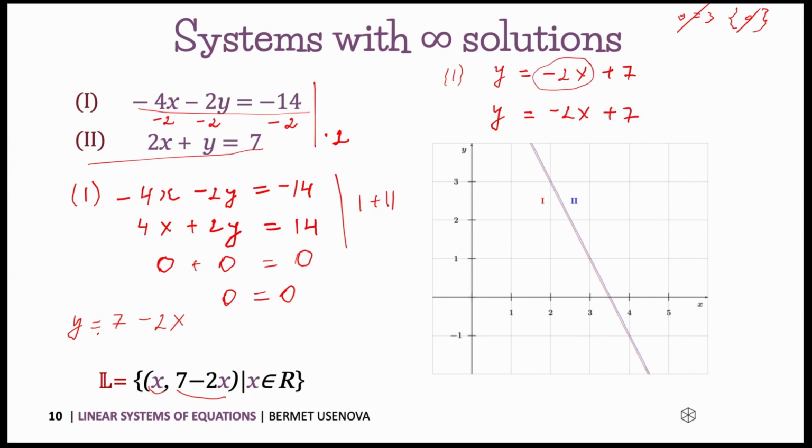Not only are the slopes the same here, but the y-intercept is also the same. So both equations coincide with each other. Thus we have infinitely many solutions for this system of linear equations. Now we are moving to the very interesting part of our topic for today, which is Gaussian elimination.